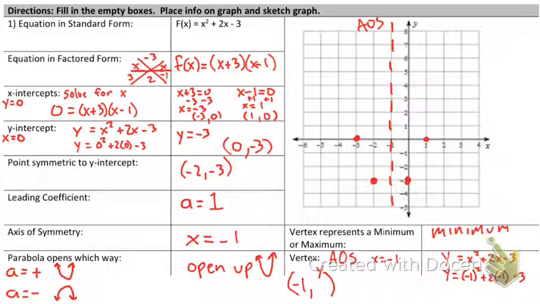Okay, and now let's do the math. Negative 1 squared is actually positive 1. And 2 times negative 1 is negative 2. And then negative 3. Okay, so now let's do all this math here.